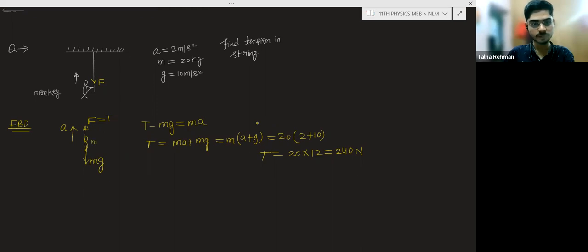This is your monkey. Free body diagram of monkey.